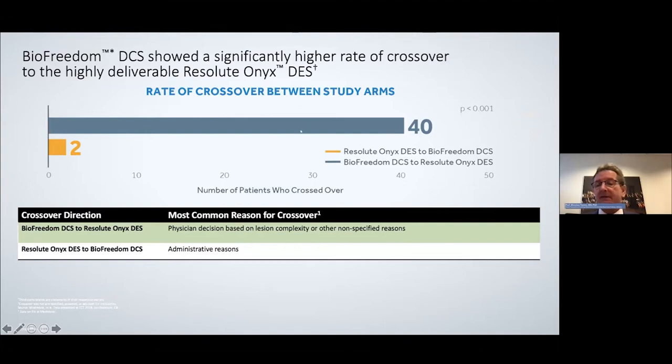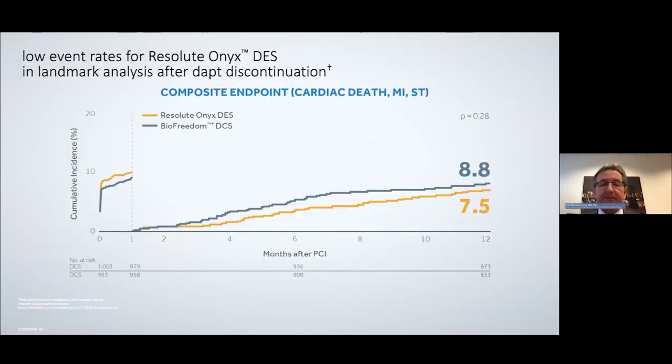So you see there was also a huge difference: many more patients with BioFreedom stent had crossover to Onyx stent. If you make a landmark analysis after 1 month, you see there was still a very good clinical follow-up for both stents, with a numerically better trend for Onyx. So this was really very reassuring.